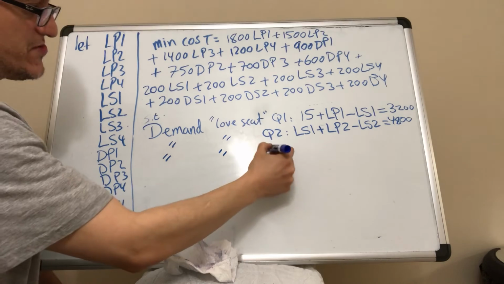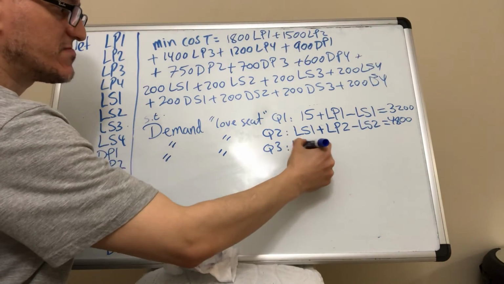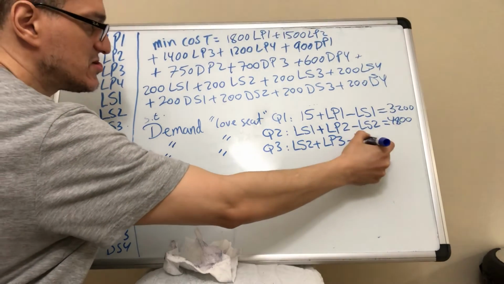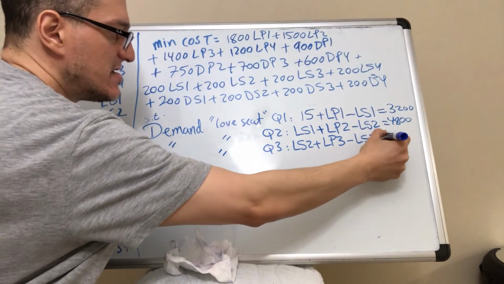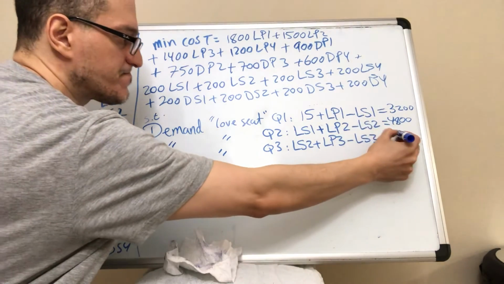Demand Q3. You enter this with some stored from the previous quarter. You can produce some, you can store some, and that must satisfy demand of 3,100.